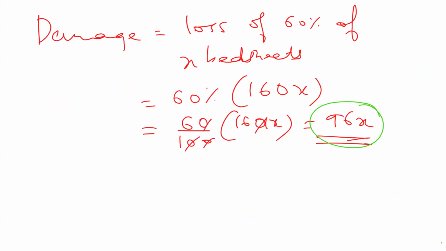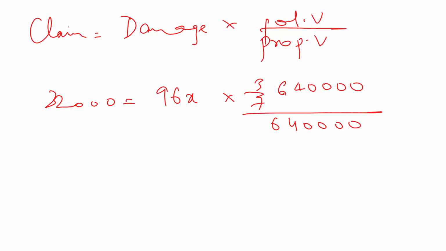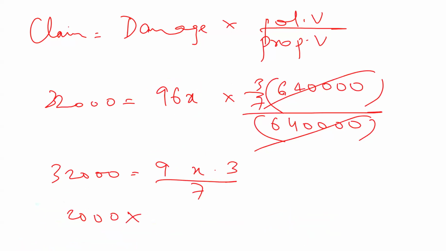That is also right. And damage, oh, sorry. I'm sorry, in place of 96 I have written 92. So that's why maybe the answer was not matching. So I'll just make these changes. I'll solve this freshly for you all.